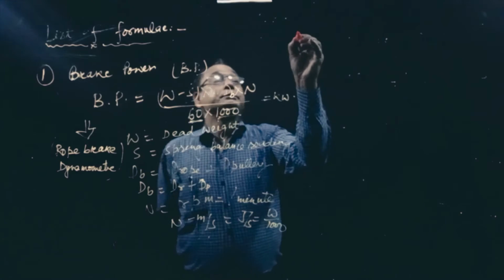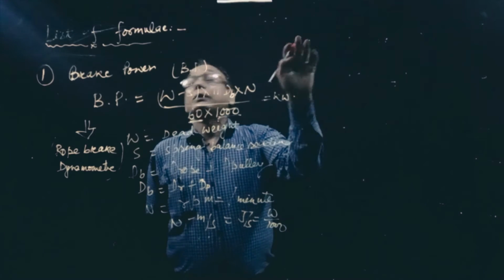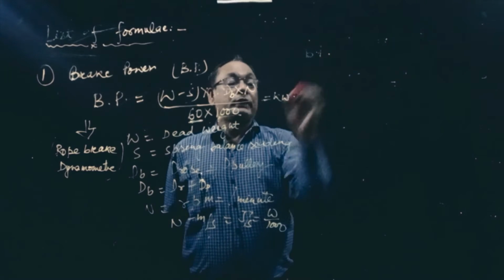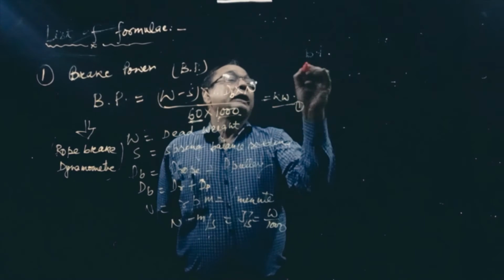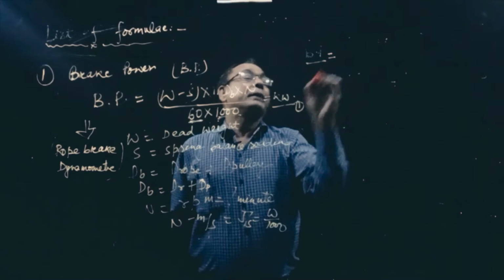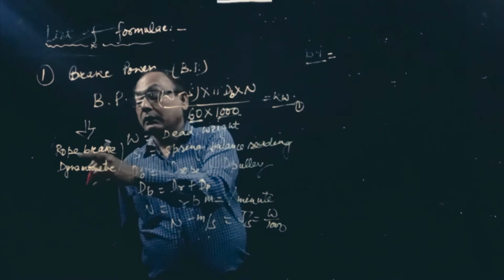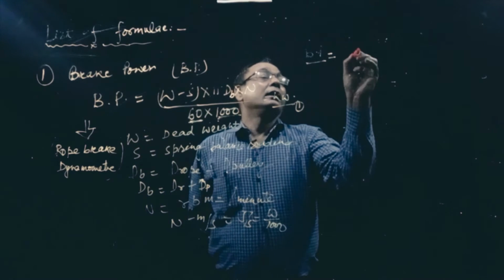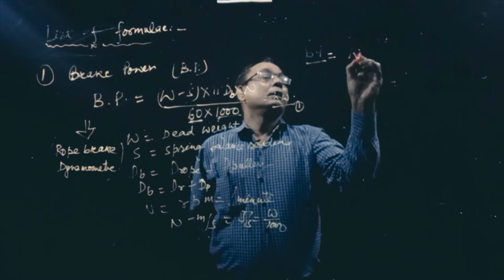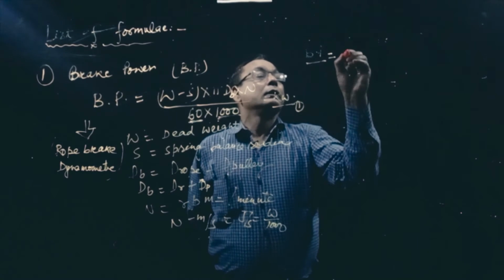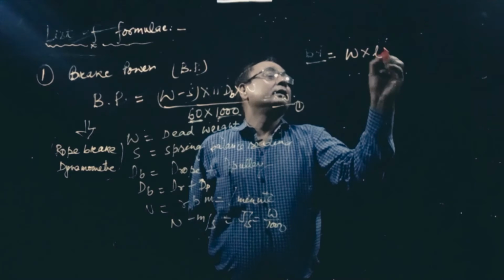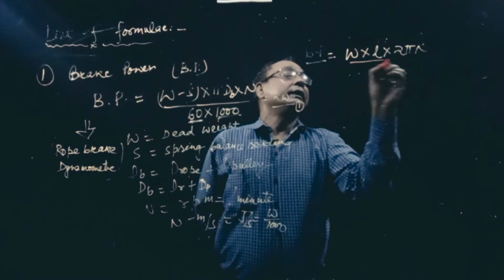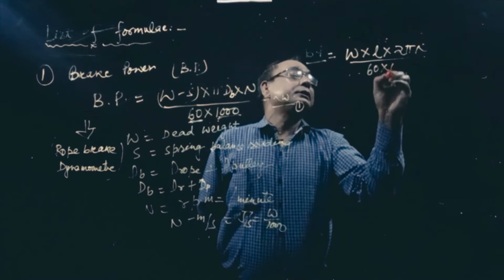Now, to find out brake power, another formula is also there. This is formula number 1, we can call it. Now brake power by Prony brake dynamometer: W into L into 2 pi N divided by 60 into 1000.